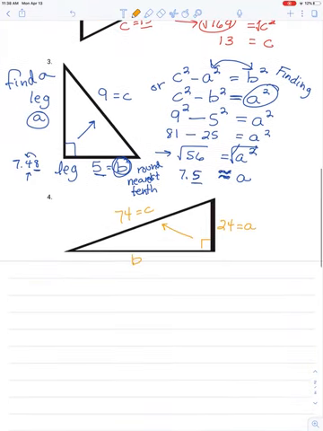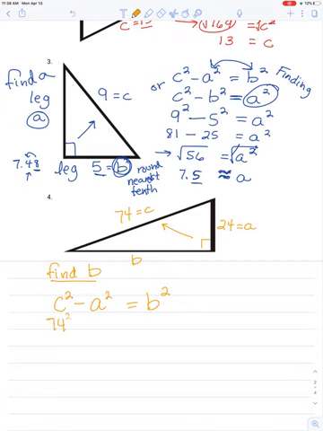All right, so now we are trying to find B. So that means we want that one isolated on the equal sign. So we have c squared minus a squared equals b squared. Okay, c is 74 squared. A is 24, so we're going to square that one, is equal to b squared.